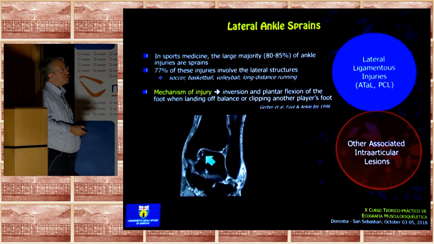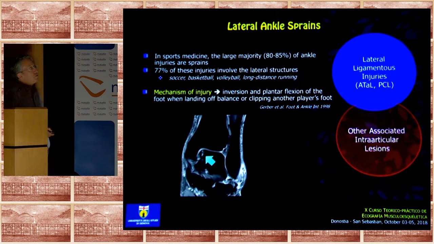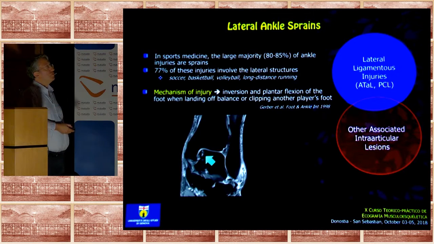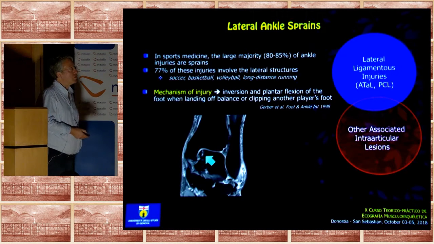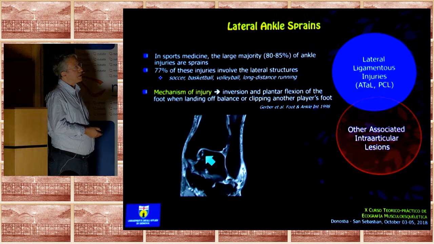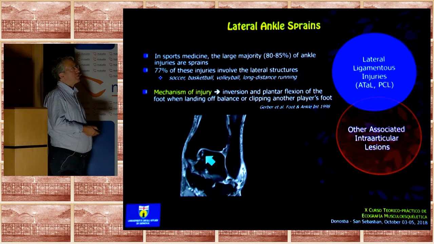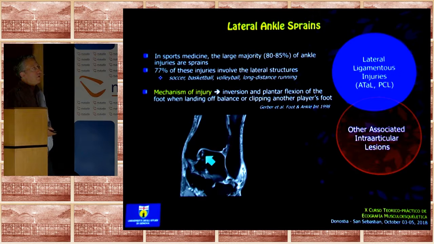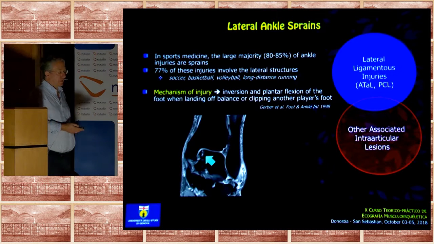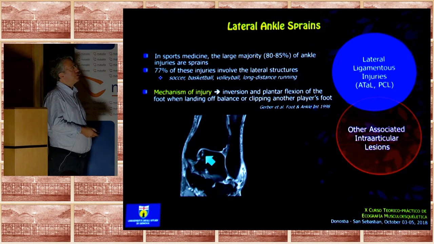It's important to consider that at the ankle level, the association of intraarticular lesion to a lateral ligamentous injury is not as common as in the knee, and so there is no need to go on with other imaging modalities like MRI unless you have persistent pain, persistent effusion at the level of the tibio-talar joint.